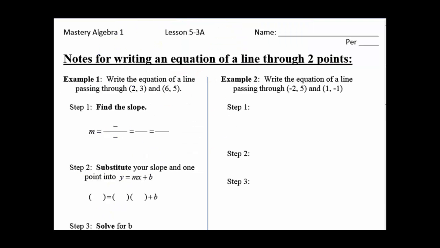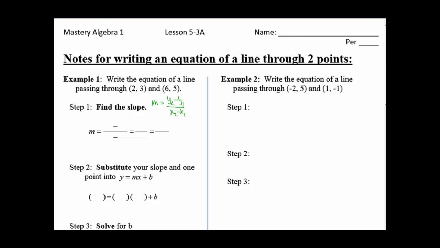Okay. Now we're going to look at writing an equation of a line through 2 points. Example 1: write the equation of a line passing through (2, 3) and (6, 5). The first step that we need to do is find the slope, again using the formula m equals y2 minus y1 over x2 minus x1.